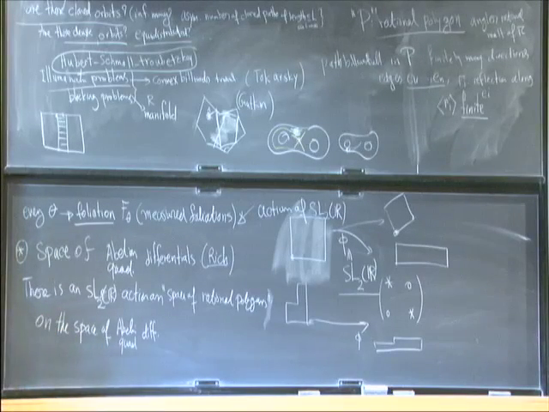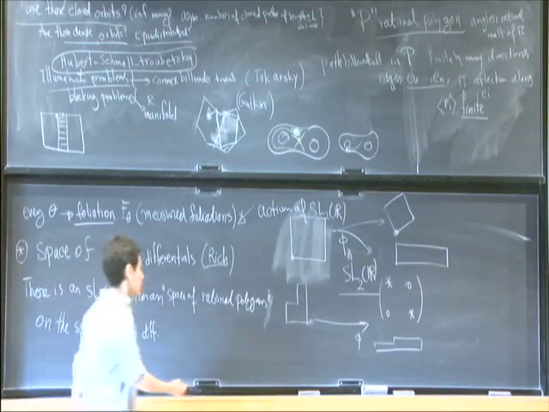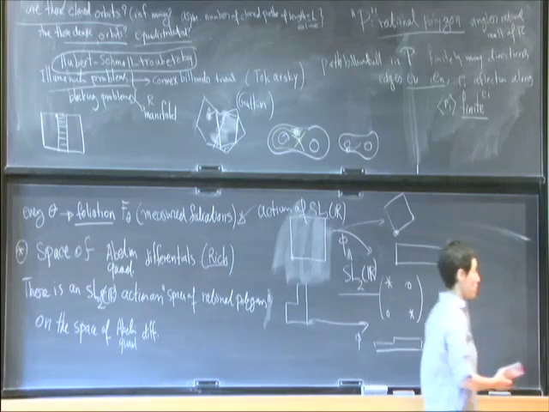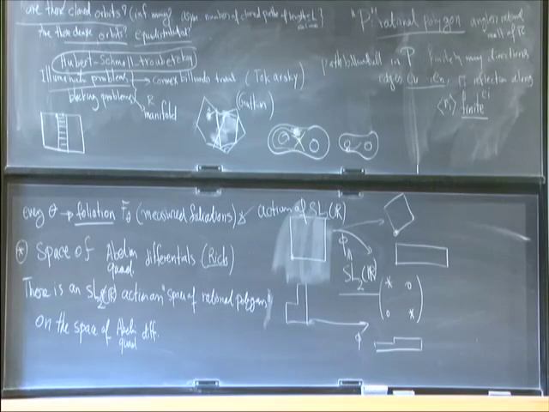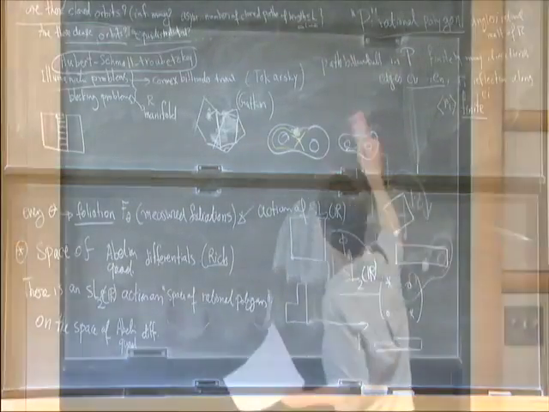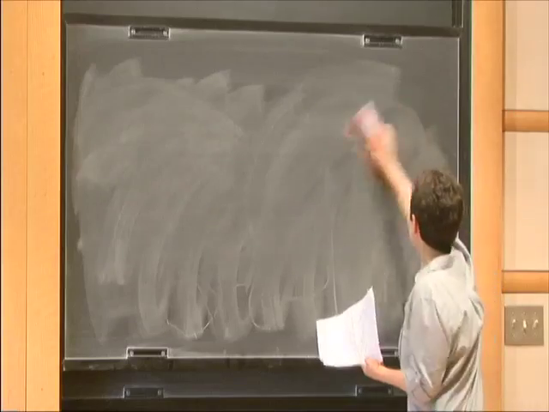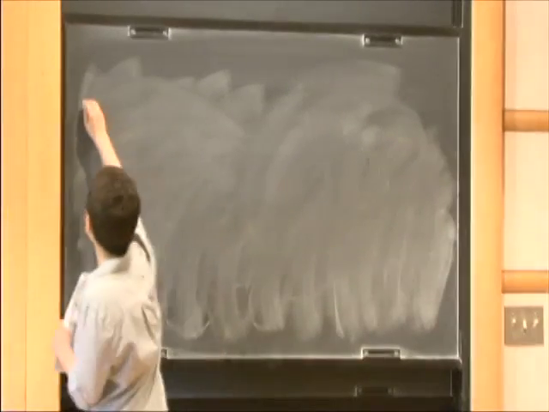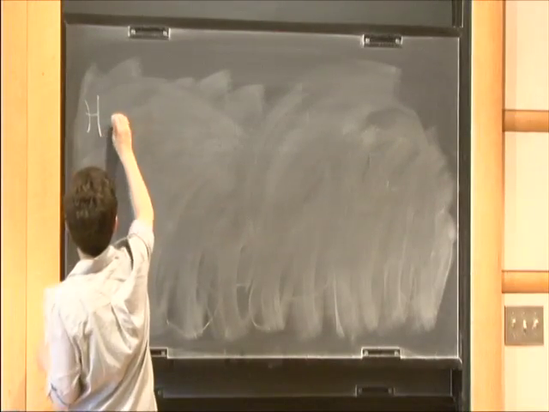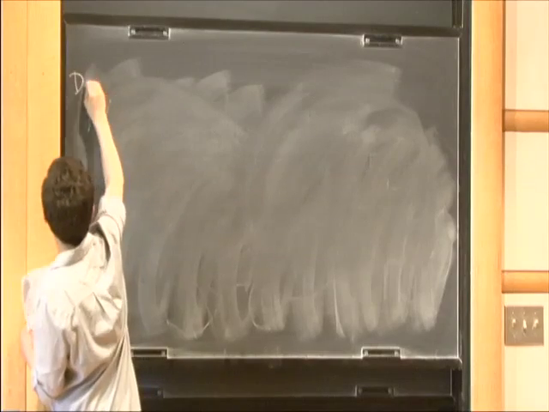So there are abelian or quadratic differentials that you can get from, so maybe I should define this, that you can get from rational polygons, and there are ones which you cannot, just because of some stupid dimension count. Not every, so what I call, so there's a space, so this is a definition.